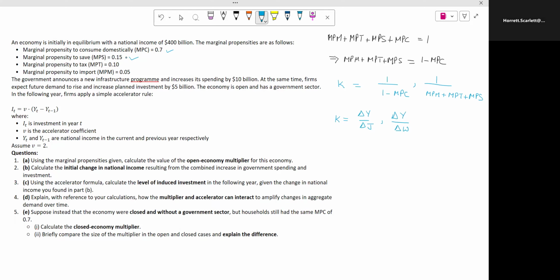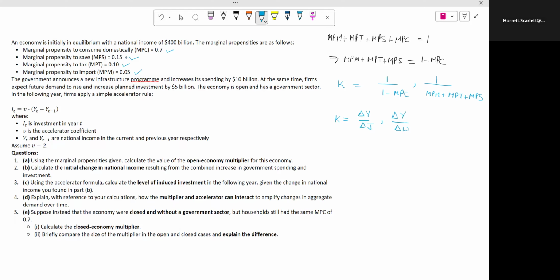So in other words, we're saying that 70% out of the dollar goes towards consumption, 15% out of the dollar goes towards savings, 10% of the dollar goes towards paying taxes, and 5% of the dollar goes towards purchasing imports. So that's what we know. So we are told here that given the marginal propensities, let's calculate the value of the open economy multiplier.